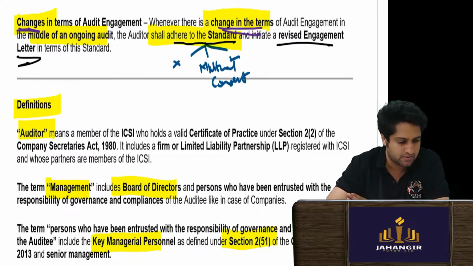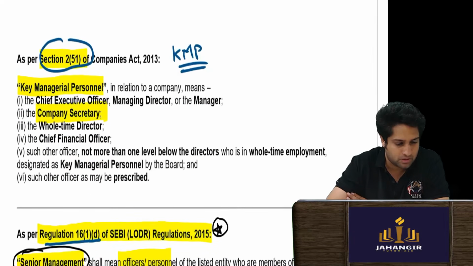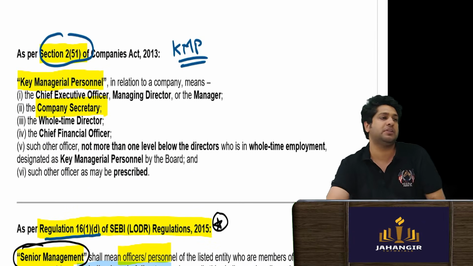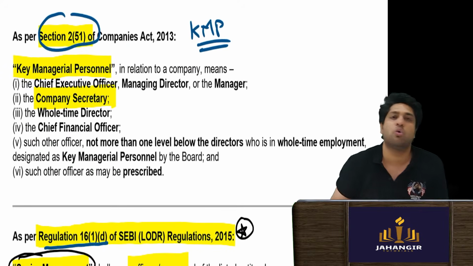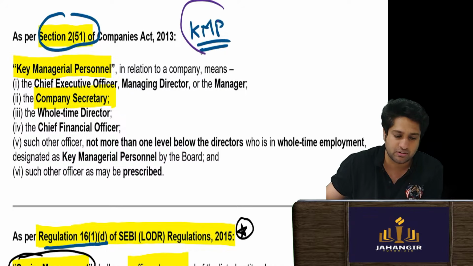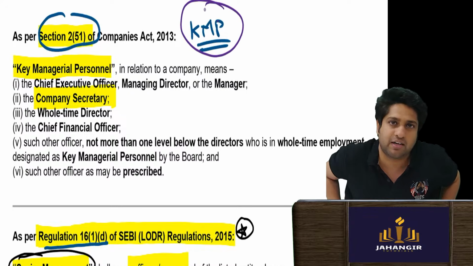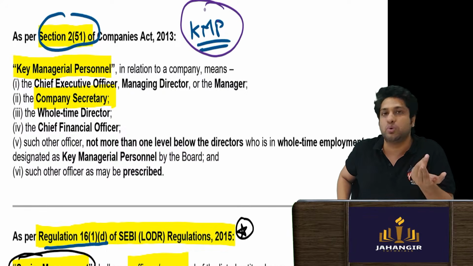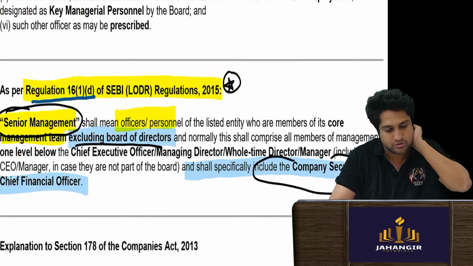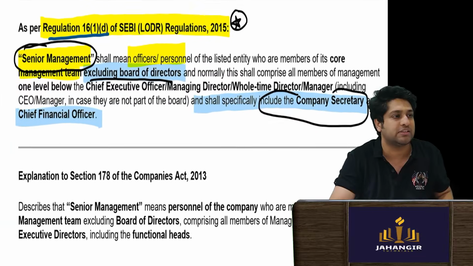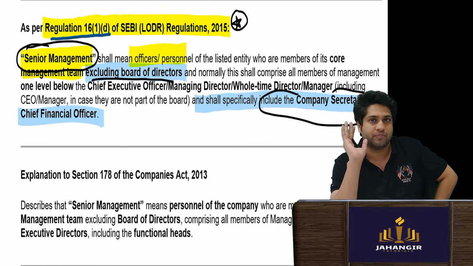has been made. Now coming to certain definitions which every single student knows. What is the definition of KMP? Section 2 subsection 51 defines KMP. But what students miss is what is very relevant to us, which you need to quote in the exam. Section 16(1)(d).